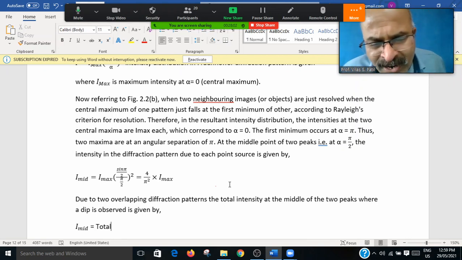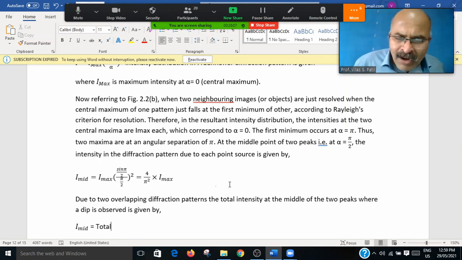Corresponding to alpha equal to 0, the first minimum occurs at alpha equal to pi. Then the two maxima are at an angular separation of pi.